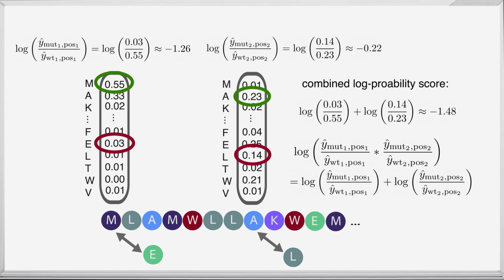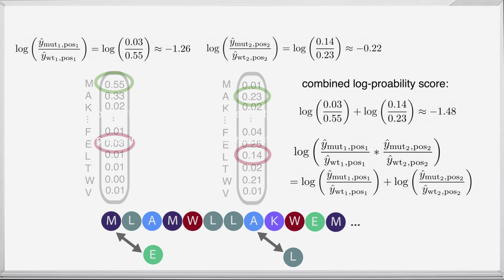In this example, we see that we compute the log probability scores for both masked positions, and then we simply add the two scores. Intuitively, each mutation contributes evidence for whether the variant is more or less plausible than the wild-type sequence, and the total score combines these contributions.